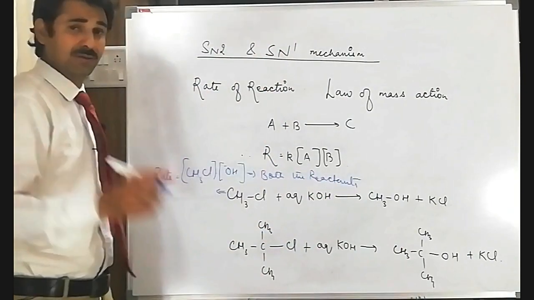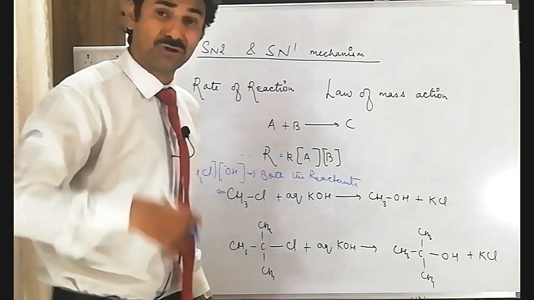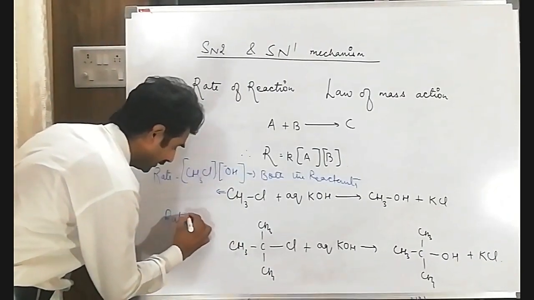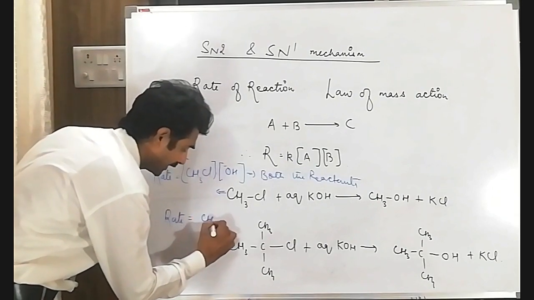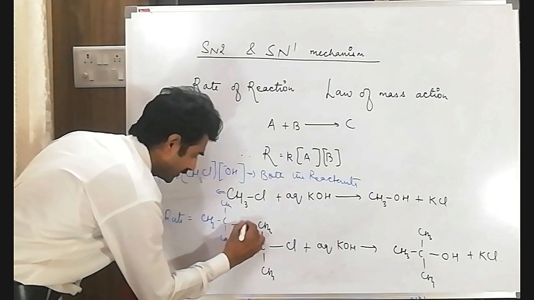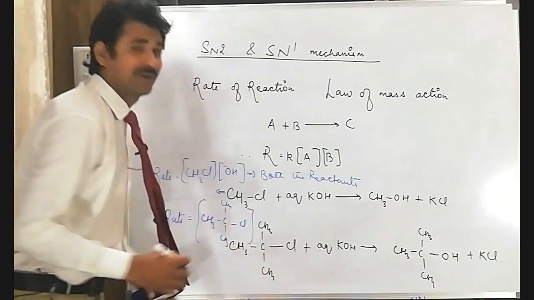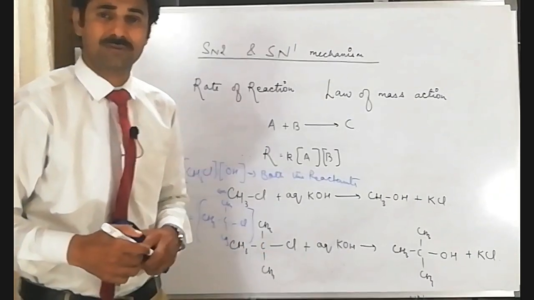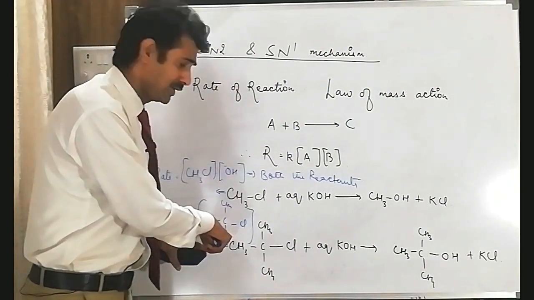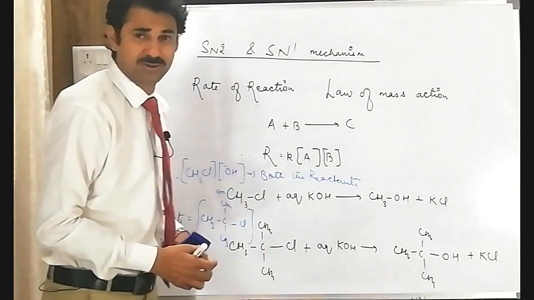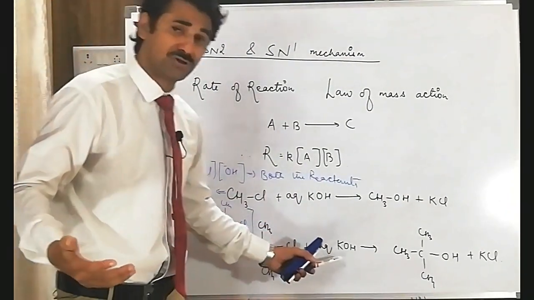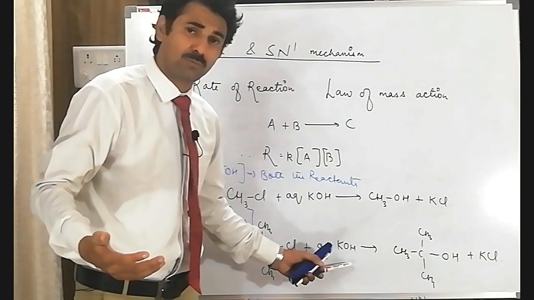But as far as tertiary chloride is concerned, our rate is only dependent upon tertiary halide. Where is the other reactant gone? That means our rate is only dependent upon the concentration of tertiary halide. It is not dependent upon aqueous KOH. So if we increase the concentration of aqueous KOH, which is our reagent, will the rate increase?